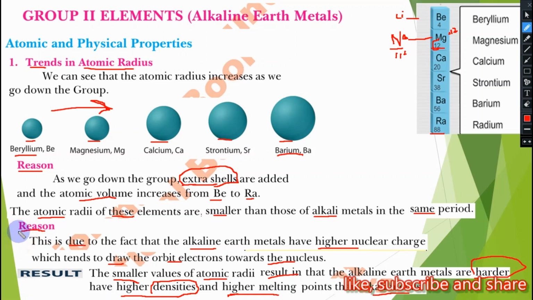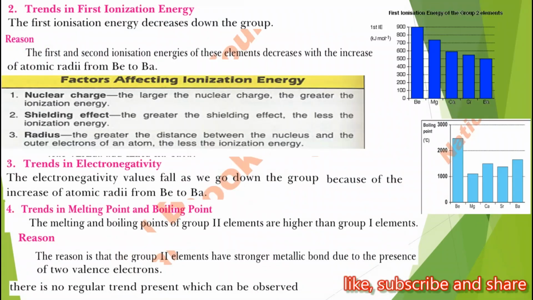This reason is the answer to why the atomic radius of alkaline earth metals is smaller than that of alkali metals. Okay. Now, trends in ionization energy, electronegativity, and melting and boiling points of alkaline earth metals.